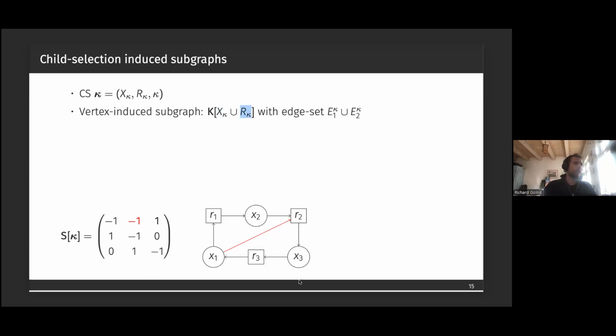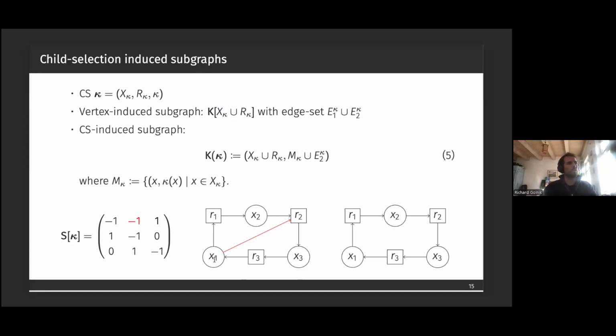If we take this child selection with this child selection matrix, this is the vertex-induced subgraph we end up with, and we find, and this is why I marked this here, this off-diagonal entry that gives us an additional species to reaction edge.